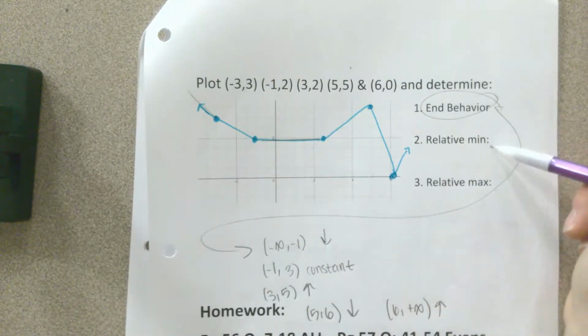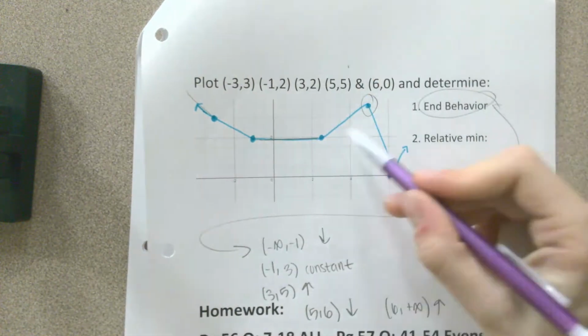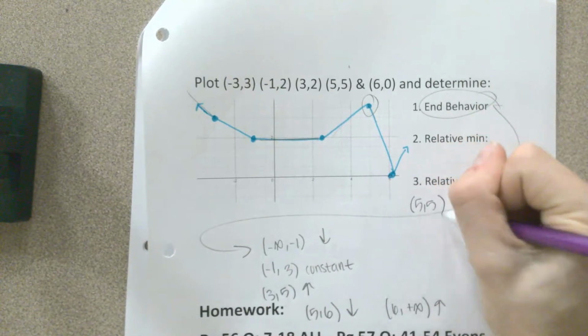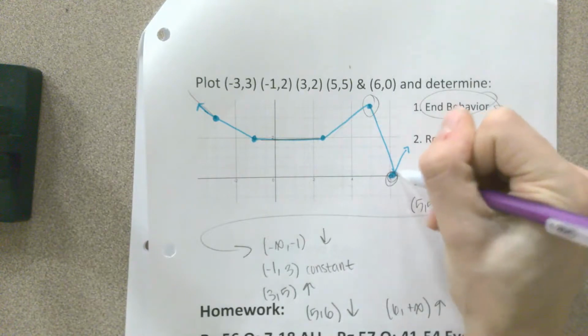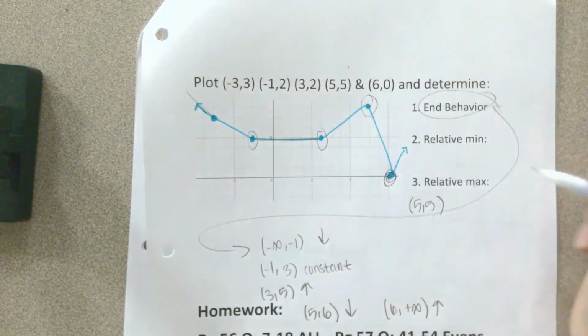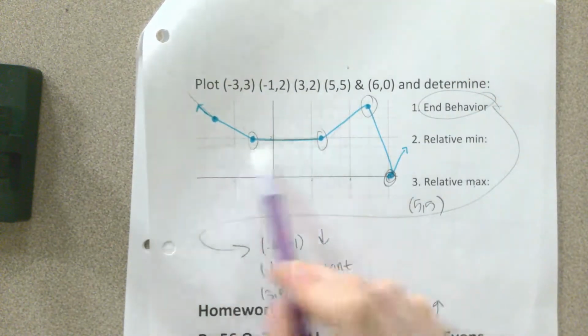So we have relative, I'm going to start with relative max, right? This is where our graph tops out at 5, 5. And we have three relative mins. Obviously this is a relative min. These are at the same y value, right?